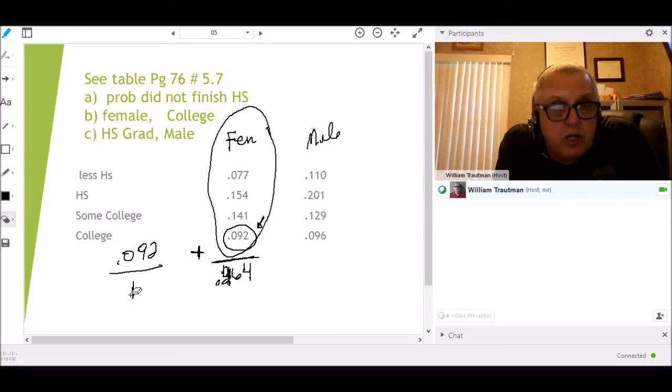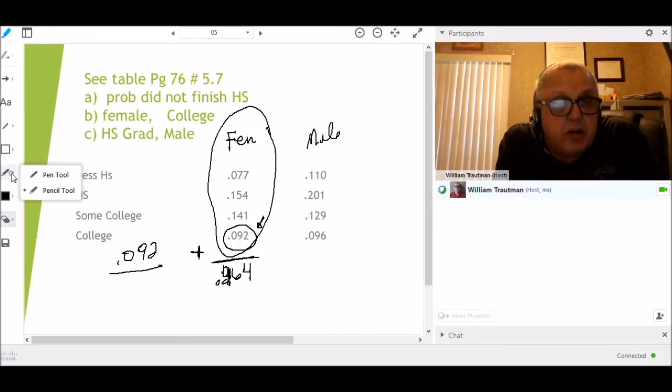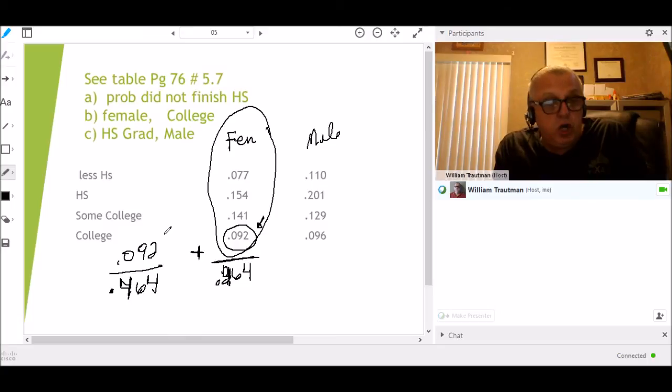So, see, this is not over 1. It's over the females because we're only talking about the females. We're not talking about all the people in this group. So you have to put 0.092 over just the total for the females, 0.464. On your calculator, the correct answer now is 0.092 divided by 0.464.